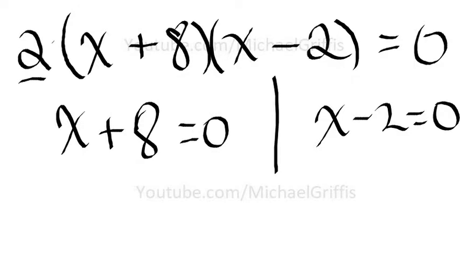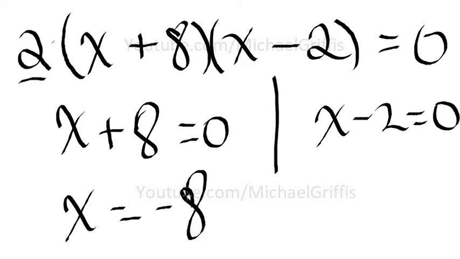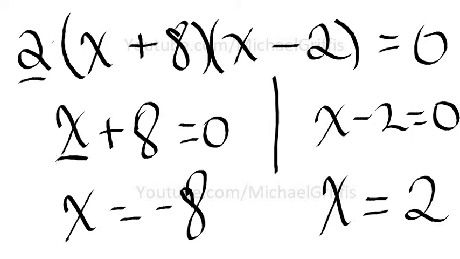Solving for the one on the left, we just subtract 8 from both sides, and x is equal to negative 8. And then the one on the right here, x will be equal to 2, right? We plug negative 8 in here for x: negative 8 plus 8, we get 0.